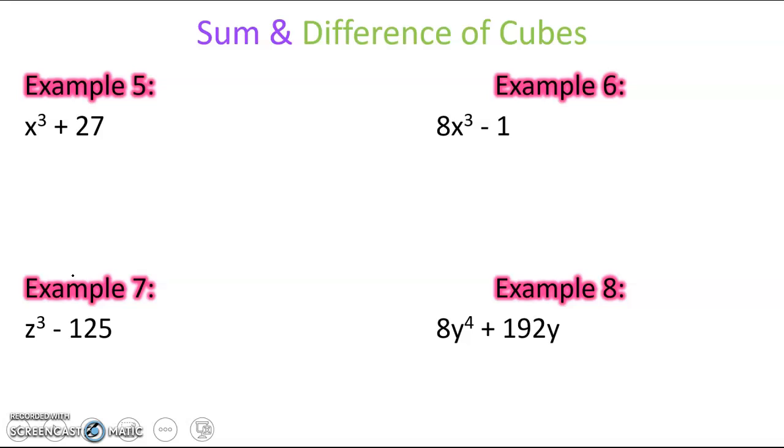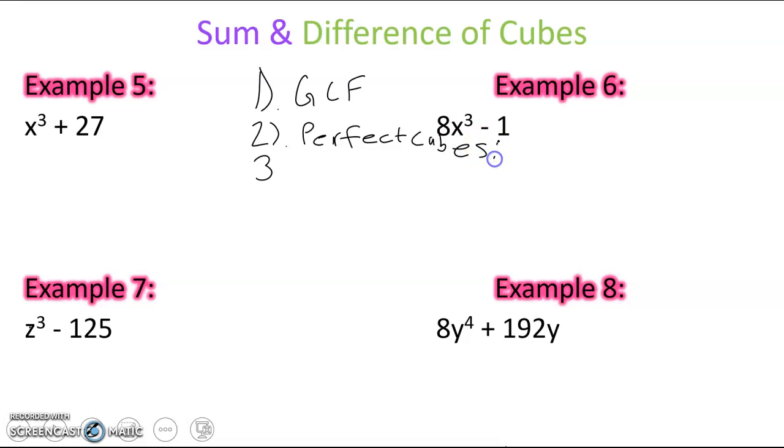So, again, questions that you want to ask yourself. First, GCF. We don't really care about the plus or minus because they can be both sum and difference of cubes, so we're going to skip that one and basically ask, do we have perfect cubes? And just like the perfect squares, make sure you know what your perfect cubes are.